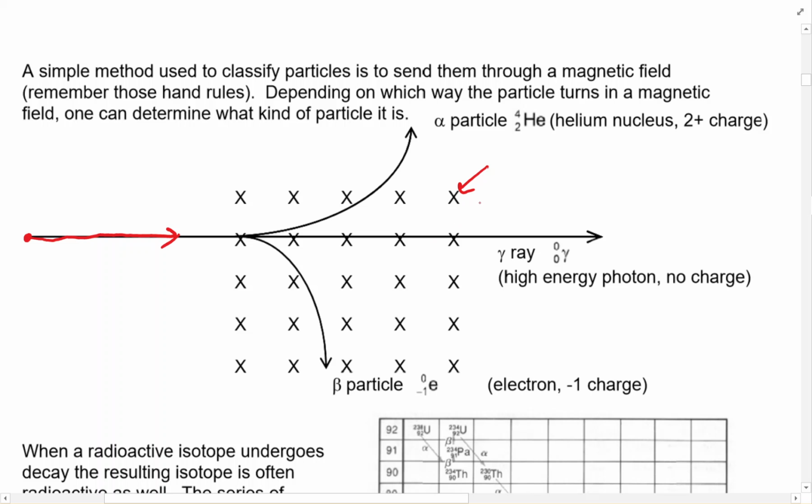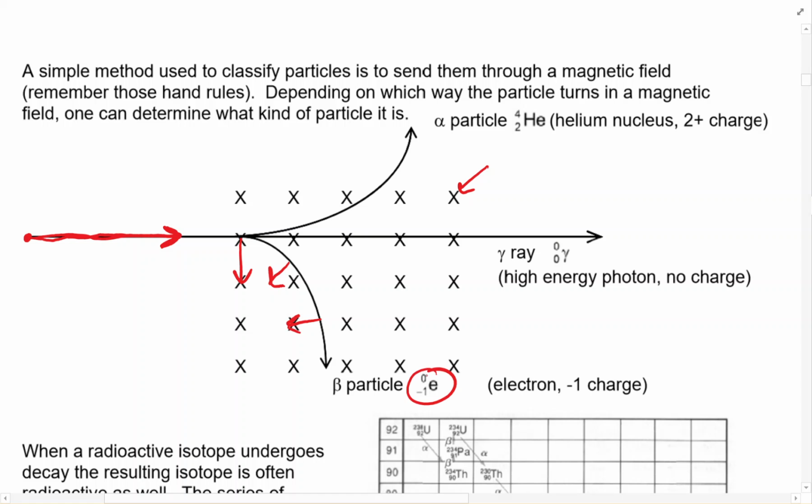So let's say I'm using my left hand over here. My thumb would be in the direction of the arrow, my fingers are into the board. Well, that's going to cause a deflecting force down, and would cause this thing to go into a circle. So that makes sense. If I'm using my left hand, that's because it's a negatively charged particle. That's the beta particle, right?